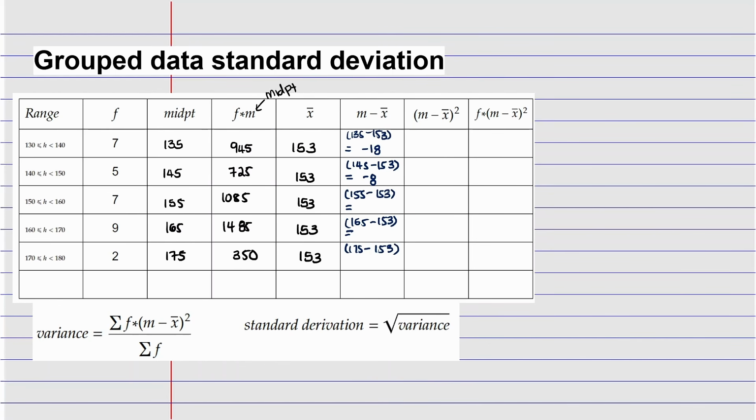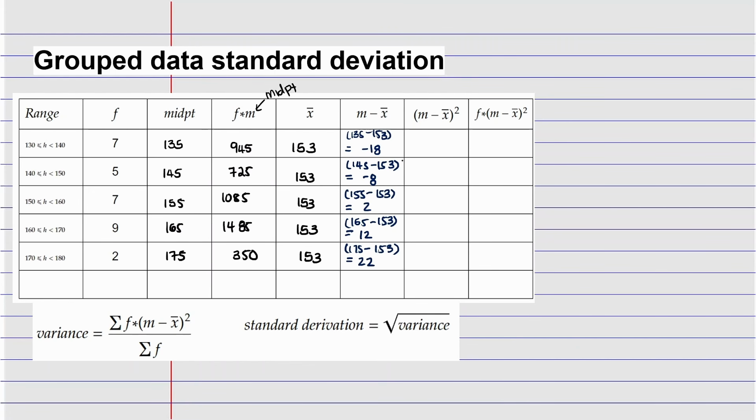So at 155 it's going to give us 2 here. Then 165 minus the mean gives us 12, right? And the last one, 175, gives us 22, right?